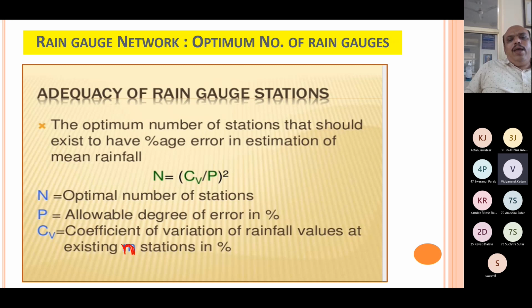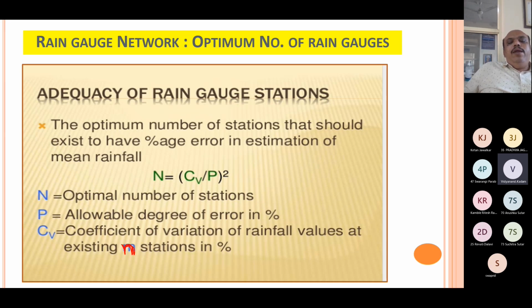That's why we have to find out how much optimum number of rain gauges are required in a particular area. And for that, we have to take help of the values of rainfall at existing n number of stations. Okay, this is a statistical formula in which we have to find out coefficient of variation of rainfall values of existing station. And we have to find out this optimum number of rain gauges for some allowable degree of error.